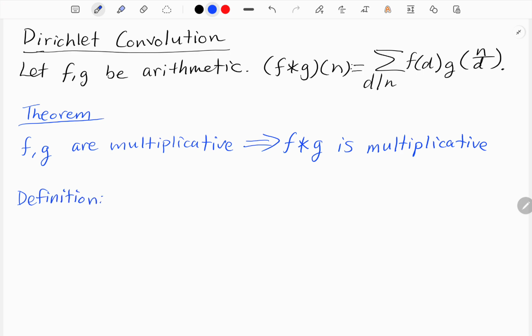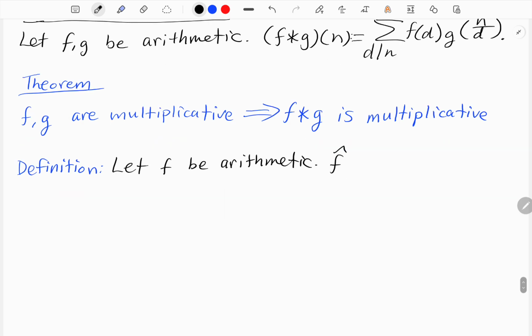So definition, okay. Let f be arithmetic. Then we have f hat of n, which I'll define to be the sum running over all the positive divisors of n, of f of d.